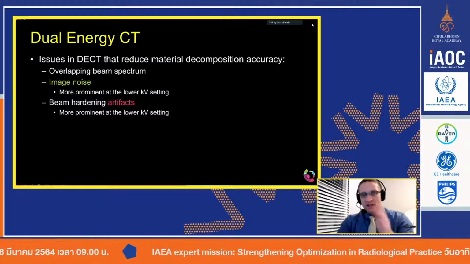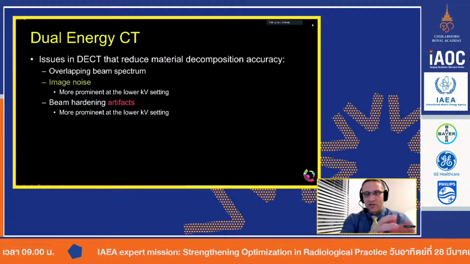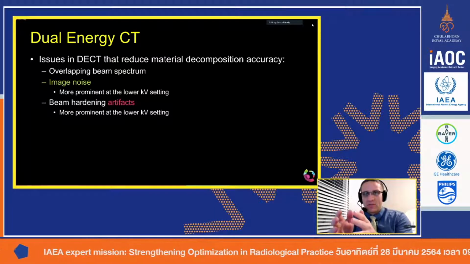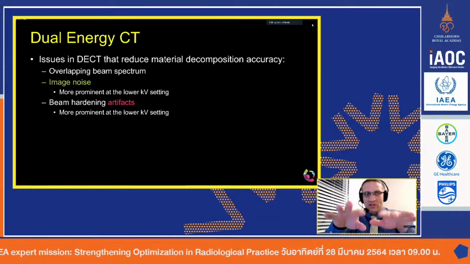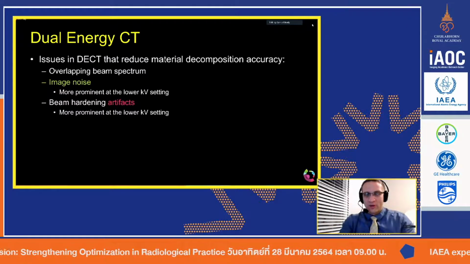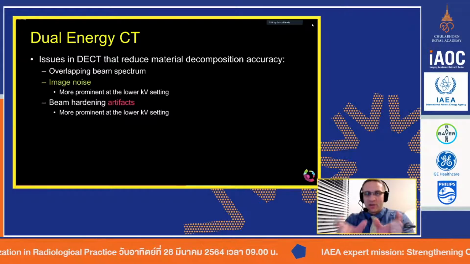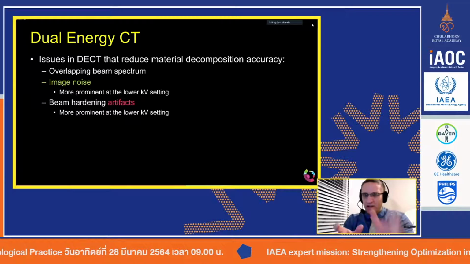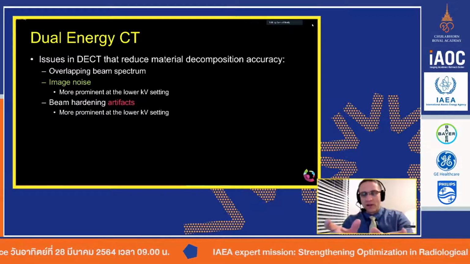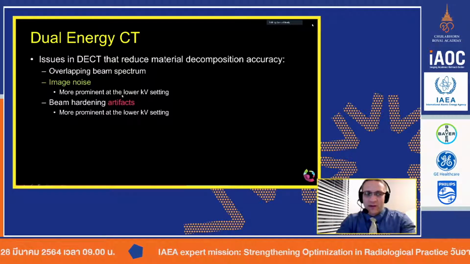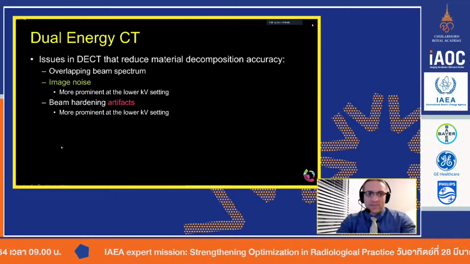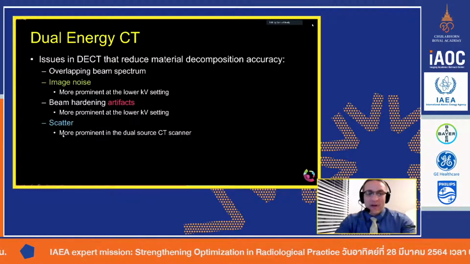Now, we want a distinction between one energy spectrum and another, but we don't want those spectrums changing through our body. We want them to be mostly the same so that we can rely on the fact that we know what an 80 kV spectrum and a 140 kV spectrum look like. So we have to correct for that beam hardening effect. The final thing is scatter.